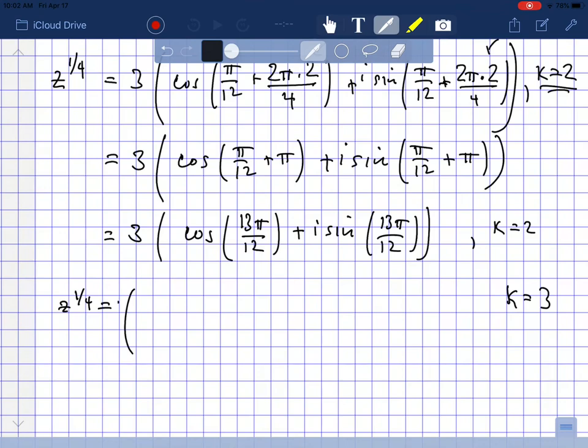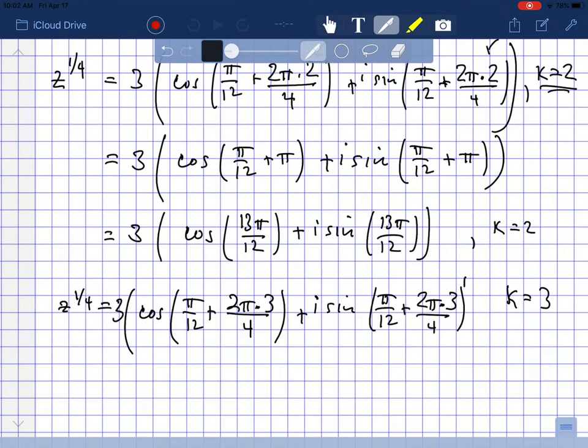So in that case, the fourth root is going to have the form 3 times the cosine of pi over 12 plus 2 pi times 3 divided by 4, plus i times the sine of pi over 12 plus 2 pi times 3 divided by 4.